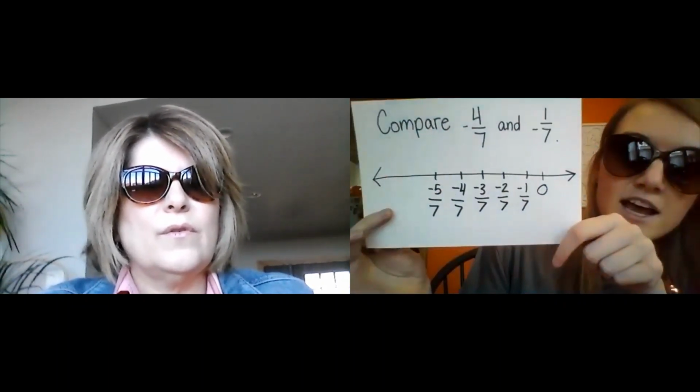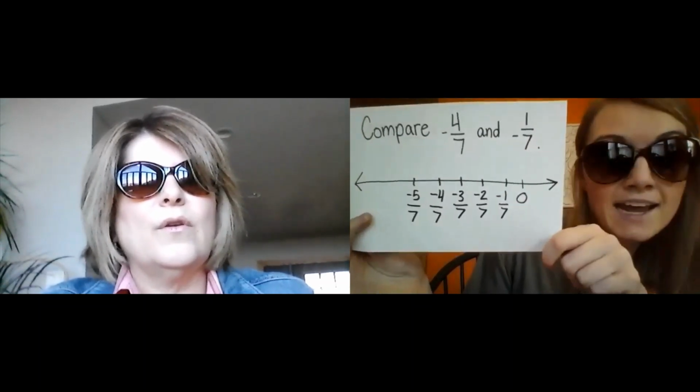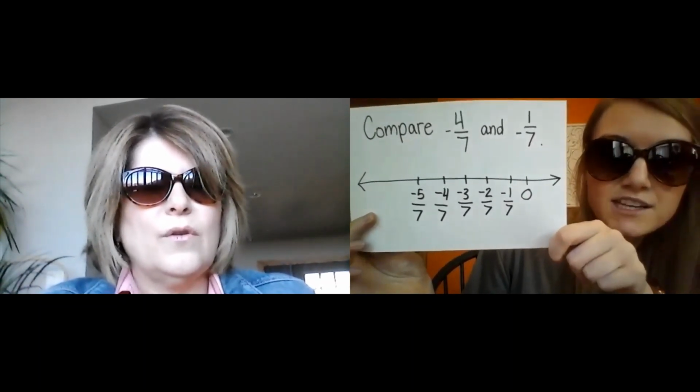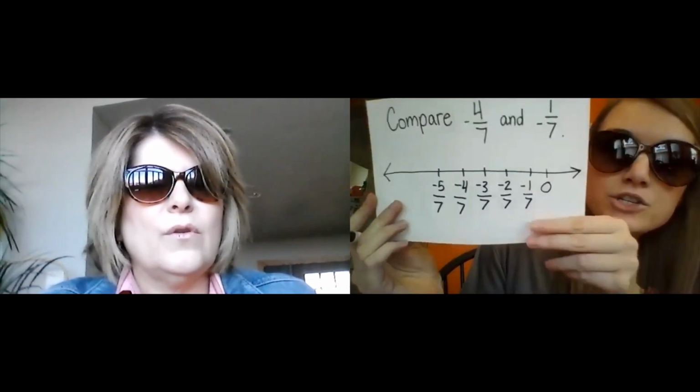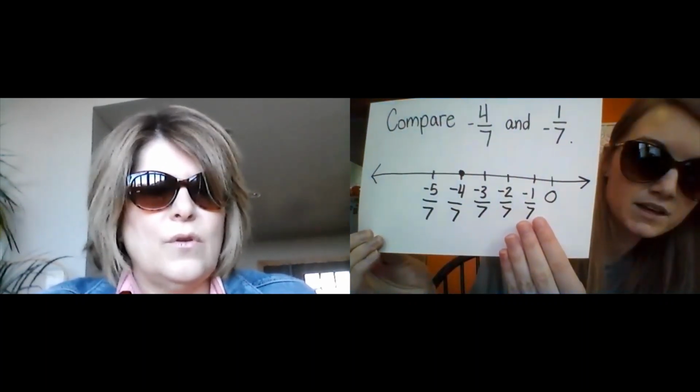And this time, because we're dealing with two negative numbers, I just did the negative side of my number line to save some time. So the best thing you can do is look at these two numbers and graph them. My negative 4/7 is going to be right there, and my negative 1/7 is going to be over here.